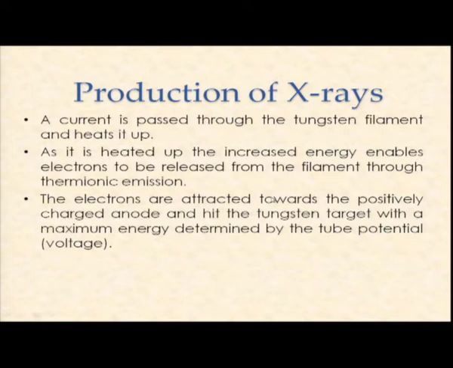So, the electrons are attracted towards the positively charged anode and hit the tungsten target with the maximum energy determined by the tube potential.